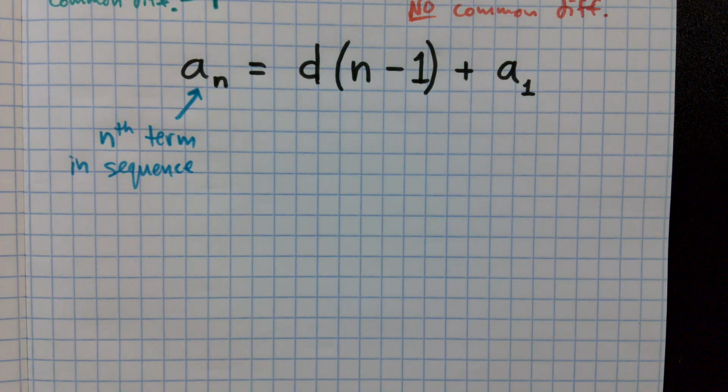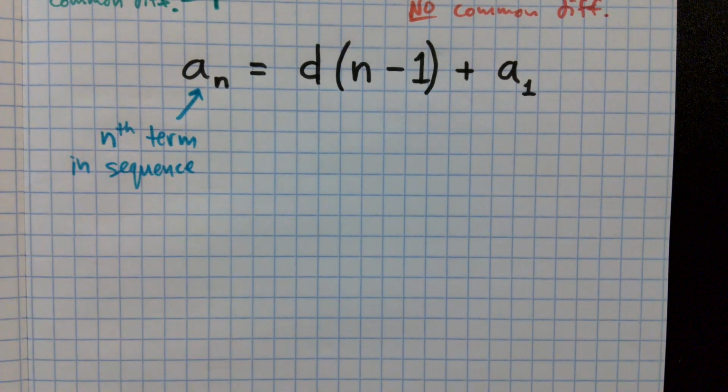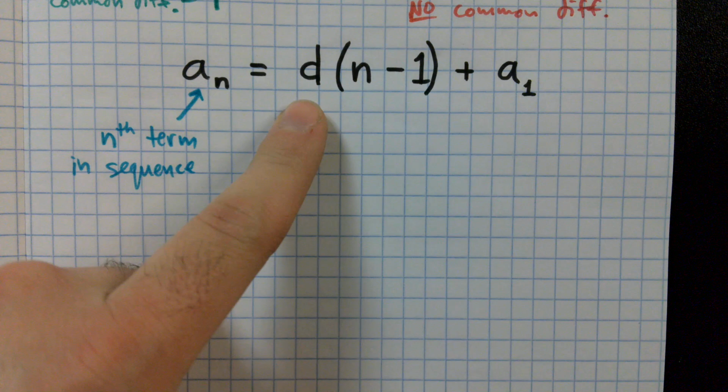Nth term. N-T-H. Like fourth? Number. Yeah. But n is the number. Nth term in the sequence. So if I said n is equal to 4, you'd be finding the fourth term in the sequence. If I said n was 10, you'd find the 10th term in the sequence. So it's the nth term. Whatever number is n for the problem, it'll make more sense once we see it.